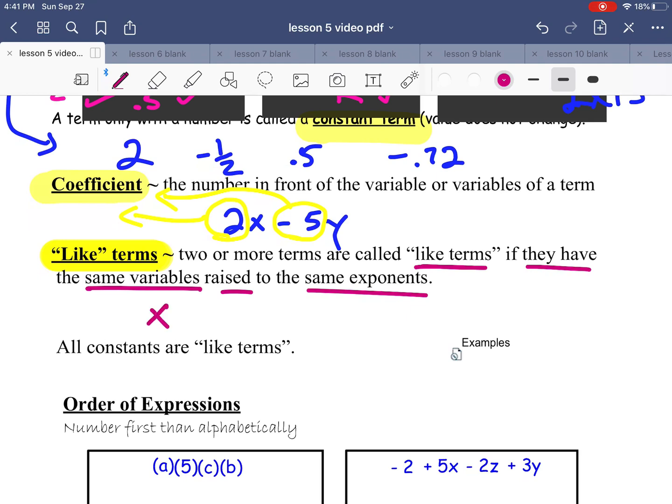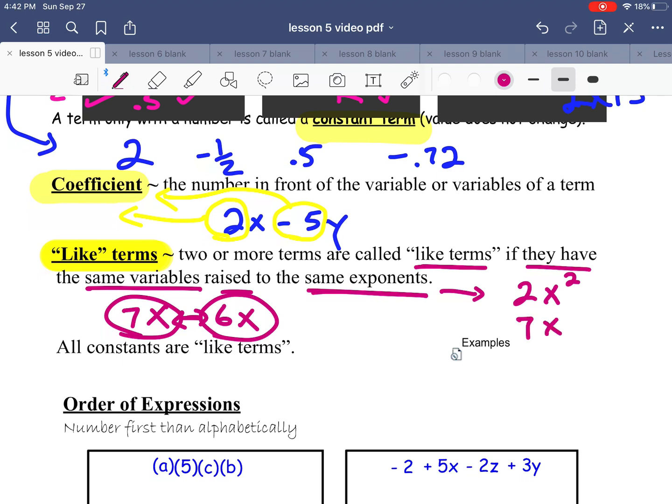So for example, if I have an x, and let's say it happens to be 7x, and here I have 6x, these are like terms because they're perfectly an x and an x. And when they talk about same exponents here, they're just talking about this. Let's say I have x squared, and I have x squared also. These are perfectly the same.